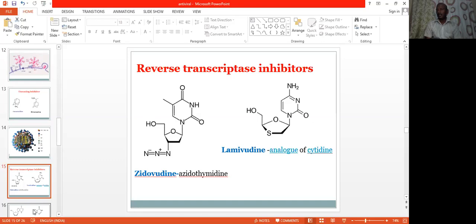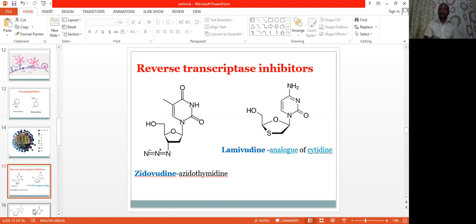That is the function of reverse transcriptase. It synthesizes complementary DNA from RNA using the host replication mechanism. This virus does not have any replication mechanism of its own.